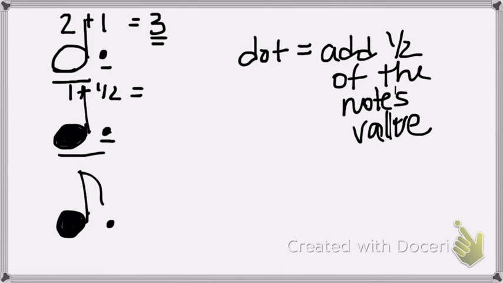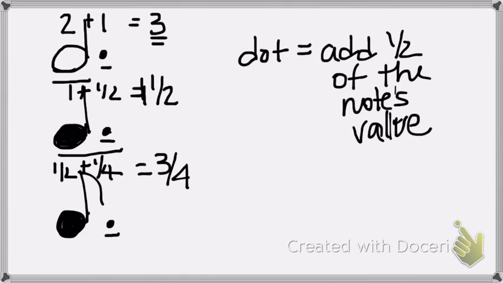So this note is going to get 1.5 beats. And if we go down here to the eighth note, an eighth note ordinarily gets a half beat, but if we're adding half of half, we're going to add a quarter. So that's going to mean an eighth note is going to get 3/4 of a beat.